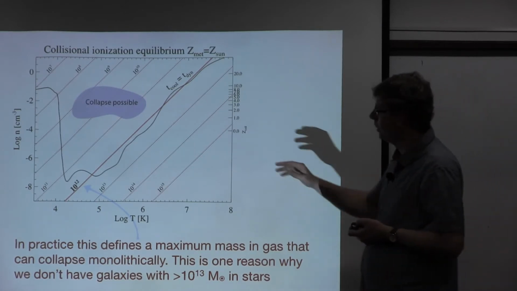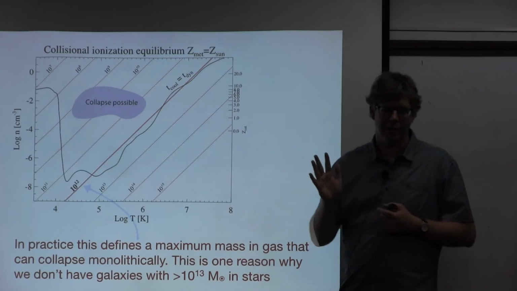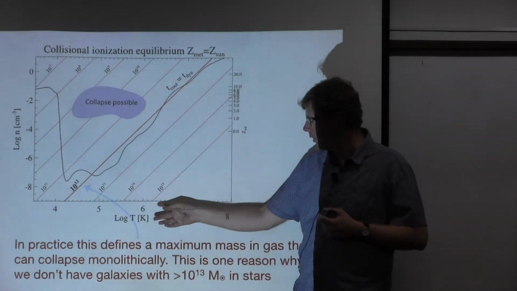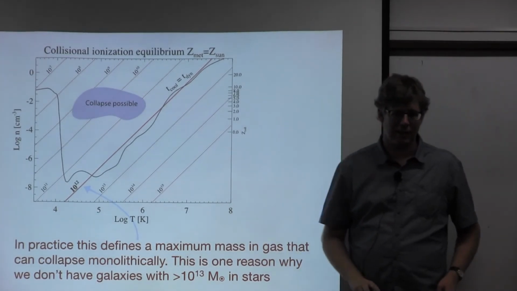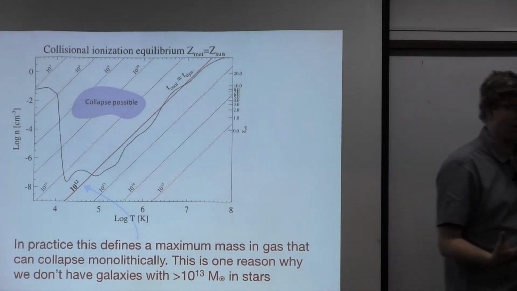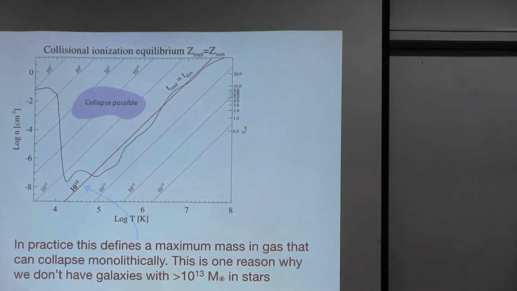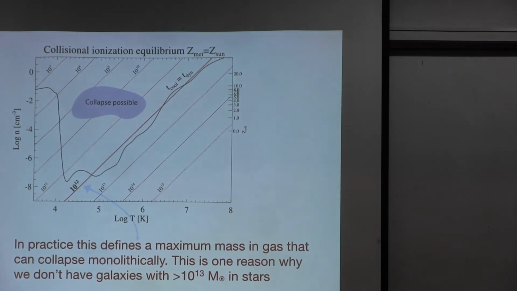But what it does tell you is that in a halo of a temperature of 10 to the 7, the gas in that halo is going to stay around there. These halos are going to be full of gas of 10 to the 6, 10 to the 7 Kelvin, because it hasn't had time to cool down yet.